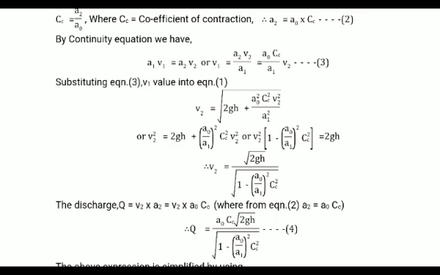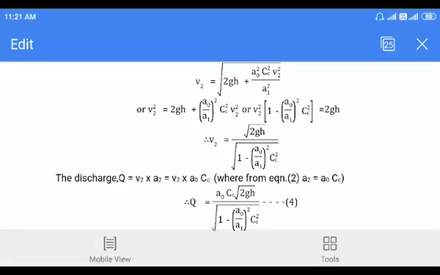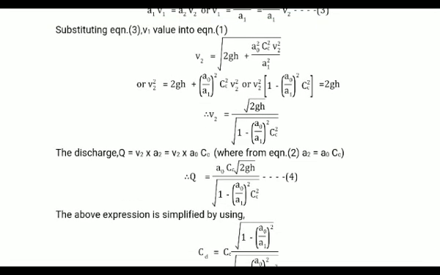After simplification and rearranging, V2 is nothing but the square root of 2gh divided by the square root of 1 minus (A0 divided by A1) whole square Cc square.